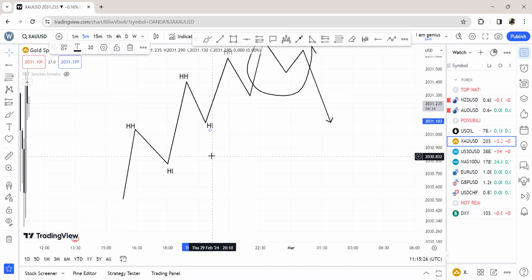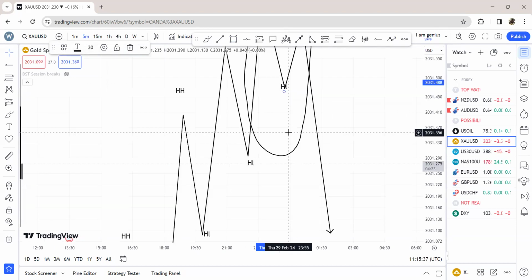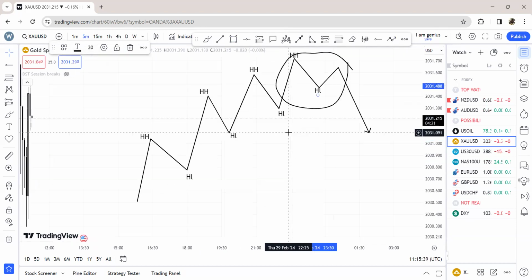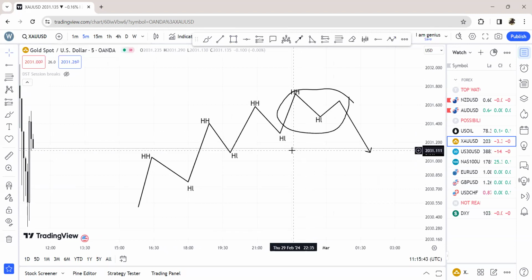So it does that, does that as well. You've seen, right? So this is the structure for an uptrend.